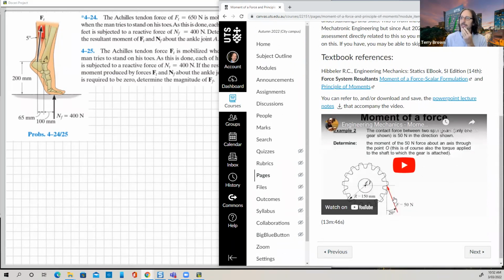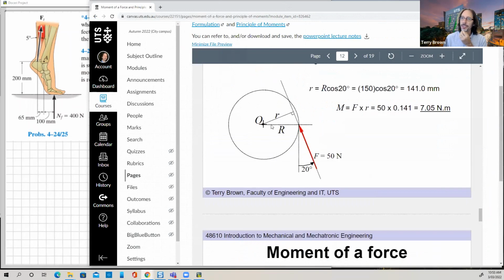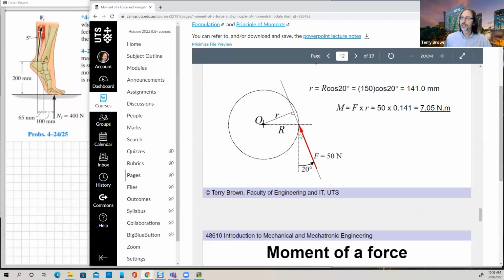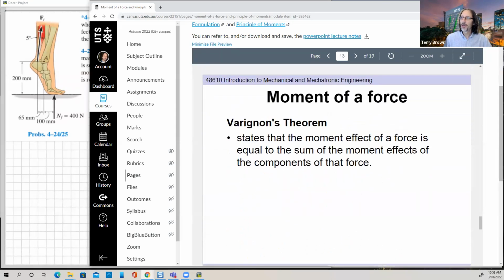So here we've got a similar sort of problem. Let's look at the notes here. You've got a force at an angle, and we can find this perpendicular distance, and you can do that with this problem. Or we can make use of Varignon's theorem, which says that the moment effect of this force is equal to the sum of the moment effects of the components of that force.